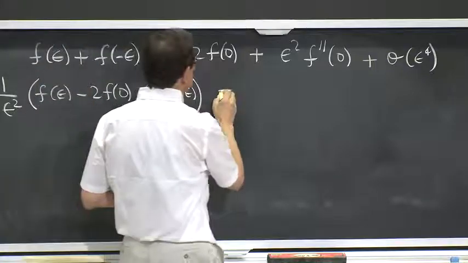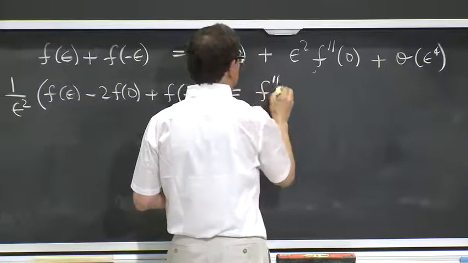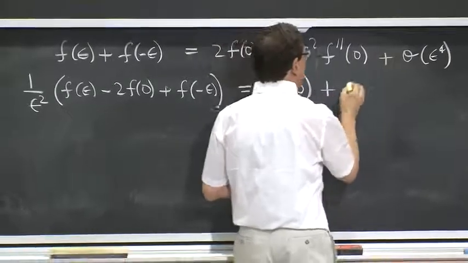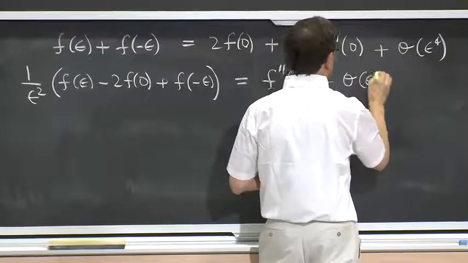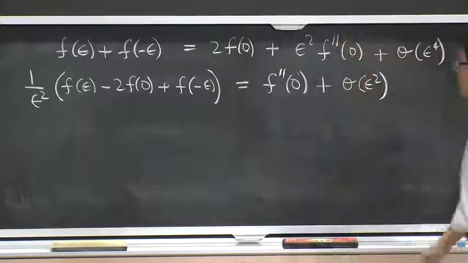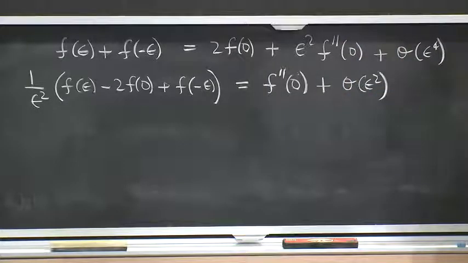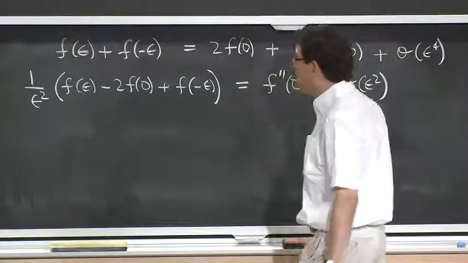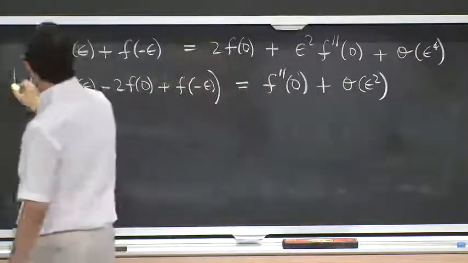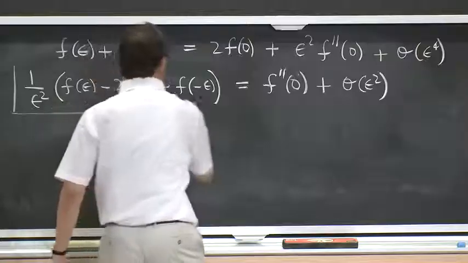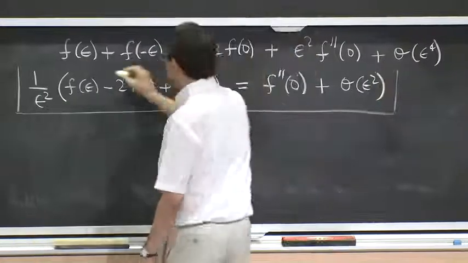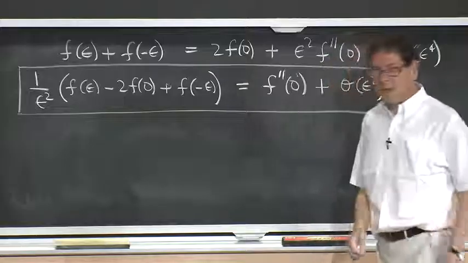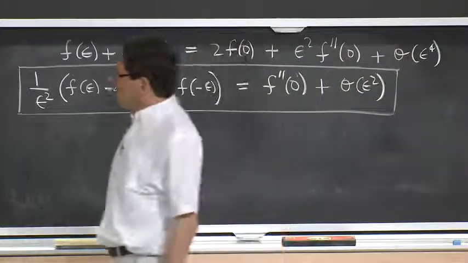That is equal to f double prime at 0 plus order epsilon squared. So the second derivative of the function can be obtained by doing this operation, and this will be useful for us at some point in the future. It's a nice way of thinking of the second derivative.